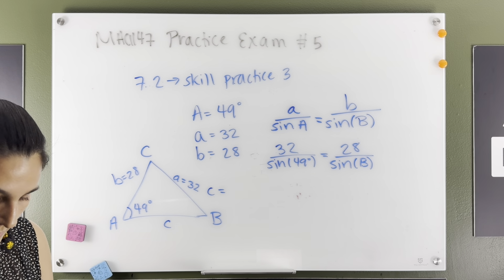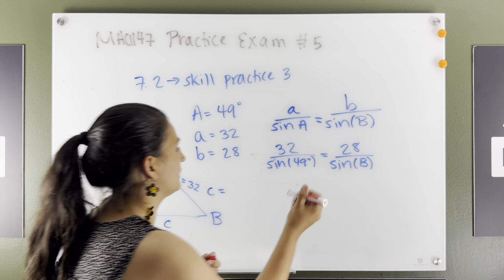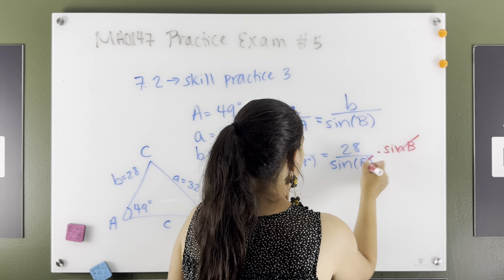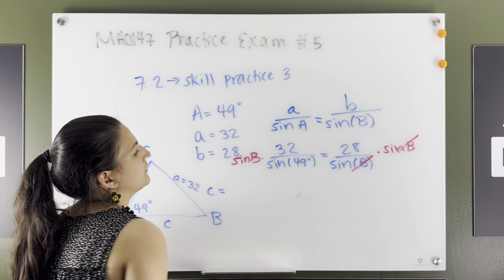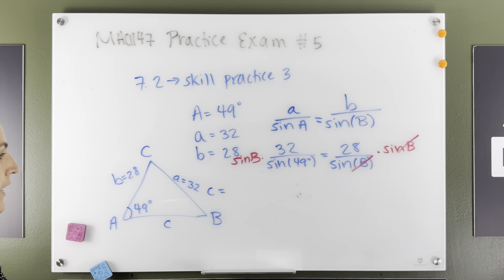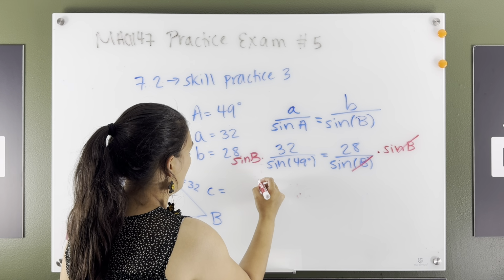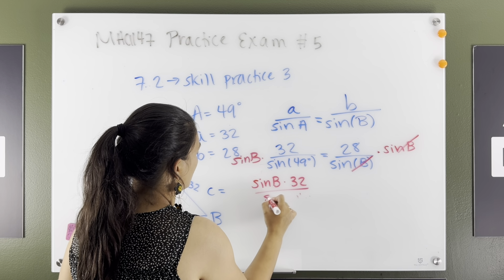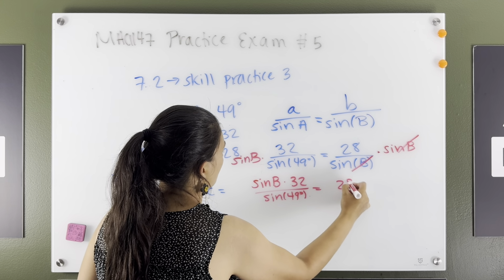So back to algebra. Let's get our B on top by canceling the denominator. So then we get sine of B times 32 over sine of 49 degrees equals 28.